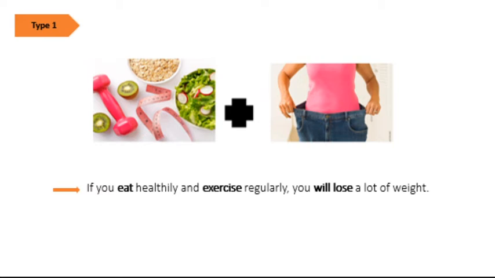So I always keep telling her, if you eat healthily and exercise regularly, you will lose a lot of weight. Okay? So again, is it for sure that she will lose a lot of weight if she eats healthy and exercises regularly? Well, maybe not.